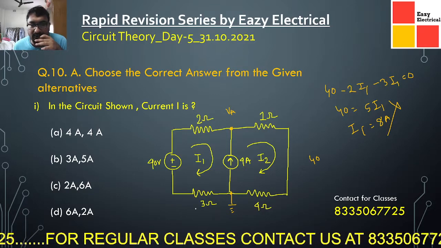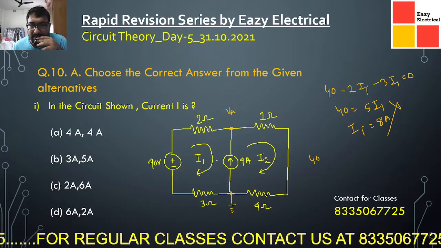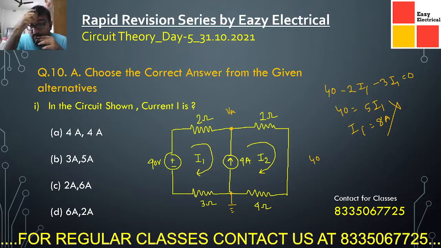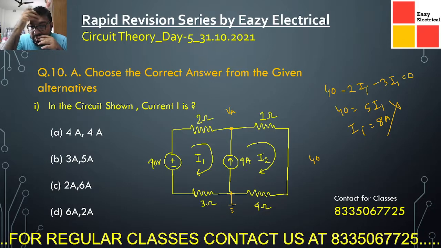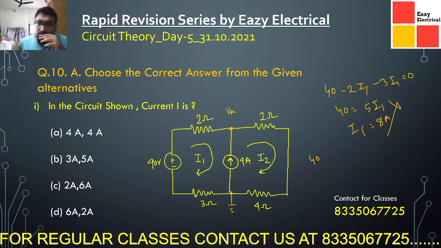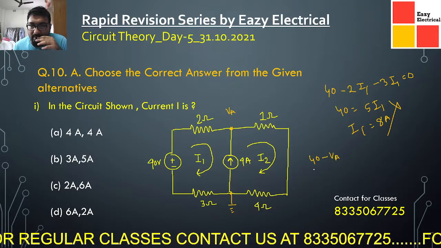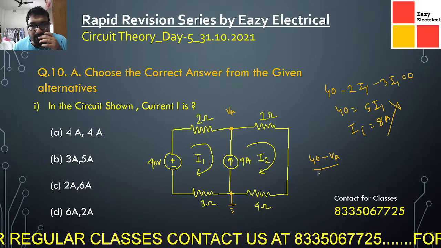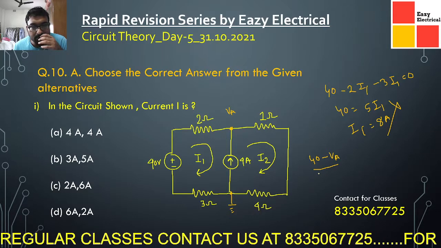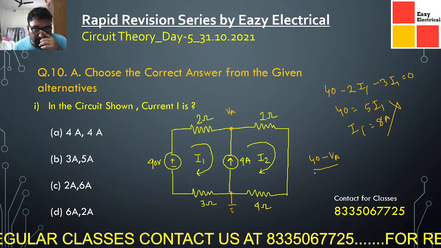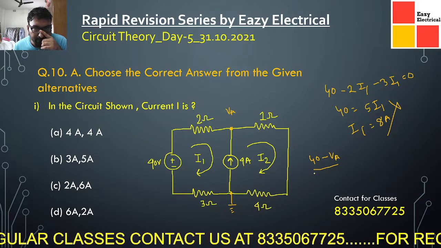See here, one thing we cannot write, because if you write a KCL equation here, this resistance will not be taken into account. So one thing we can do, we can write like this: 40 minus VA divided by... no, we cannot write like that as well.